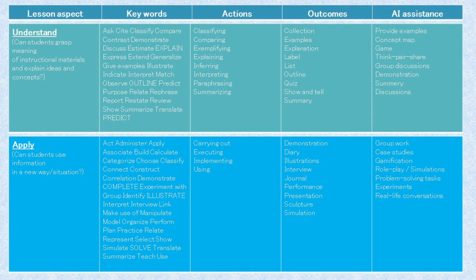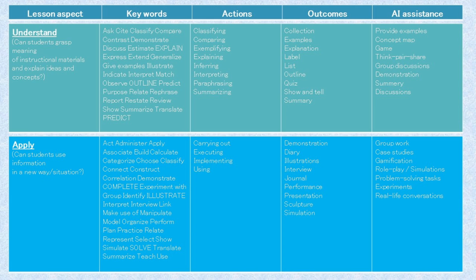How can AI assist us here? It's easy. A teacher, knowing the current aspect or phase of the class, holds in mind the outcome they want their students to reach.